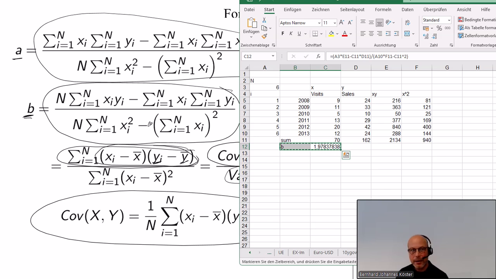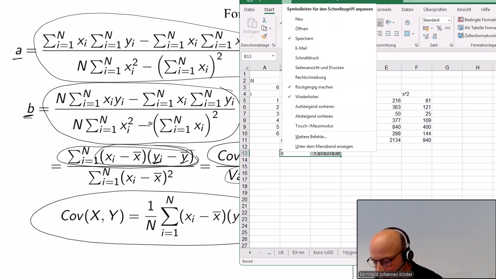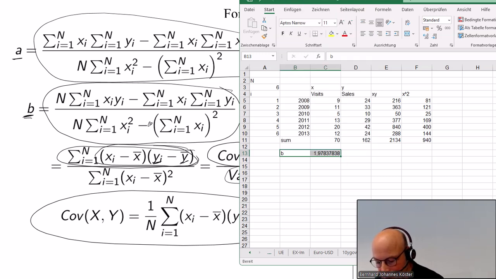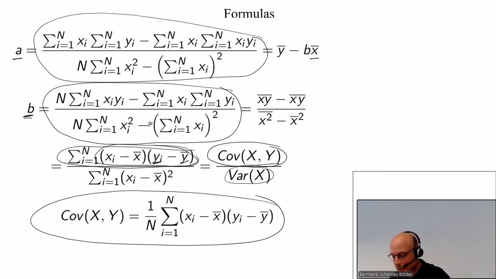I will just write it down on the slide in a minute. Now we could also apply this horrible function here, but if we know that the averages also lie on our linear line, we can just apply this one.